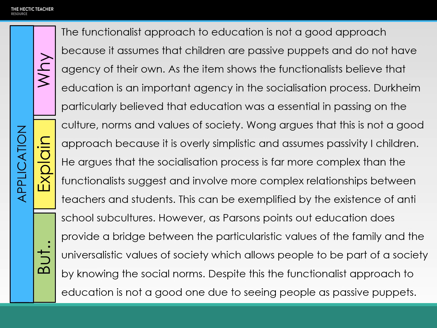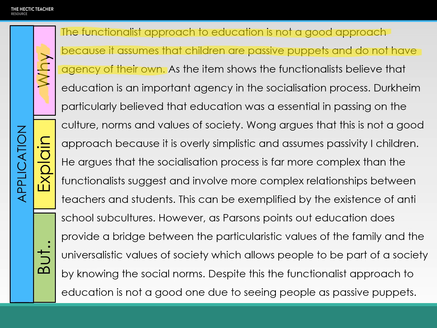So let's look first of all at the why. My colours are not the same as down the side because I didn't realise the highlighter didn't have the same colours, but there we go. This first sentence, I've taken the words of the question and turned it into a sentence.